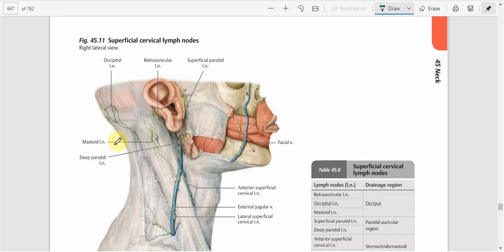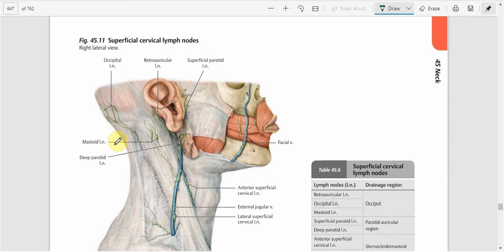This is the pinna, and these are the post-auricular lymph nodes. You would be wondering, but over here it is written as the mastoid lymph nodes. Actually, the post-auricular lymph nodes are also known as the mastoid lymph nodes simply because they lie on the mastoid process, and the mastoid process is just behind the auricle.